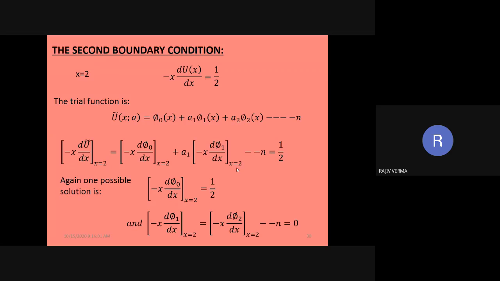The only thing which is not 0 at these two locations is phi naught itself, and therefore both the boundary conditions are satisfied by phi naught itself. The rest of the terms are 0. Now, moving on to the next slide, assuming that what is being done is clear to you all.